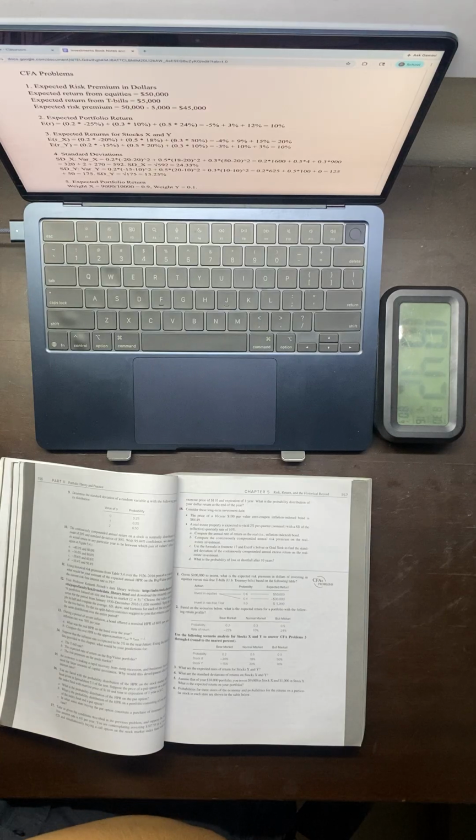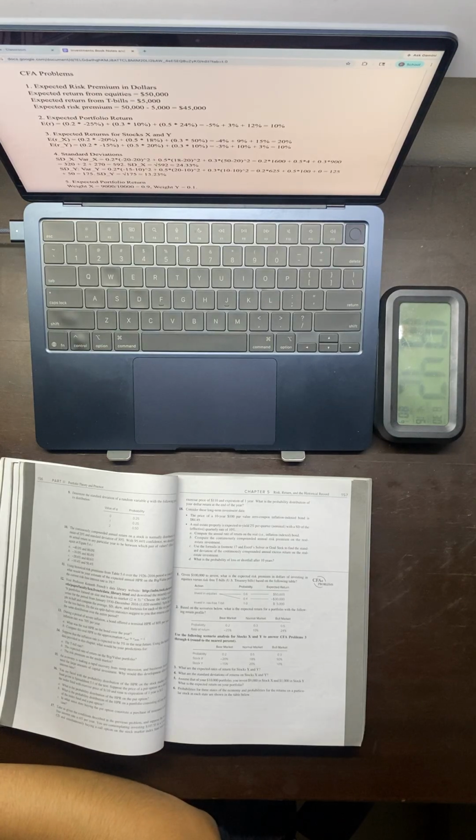Expected return from equities $50,000, expected return from T-bills $5,000. Expected risk premium 50,000 minus 5,000, $45,000.